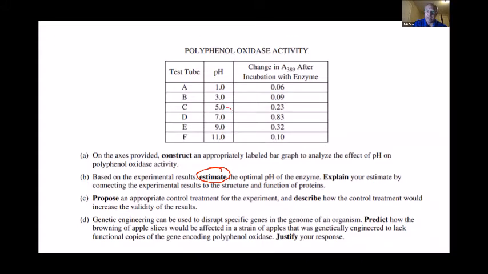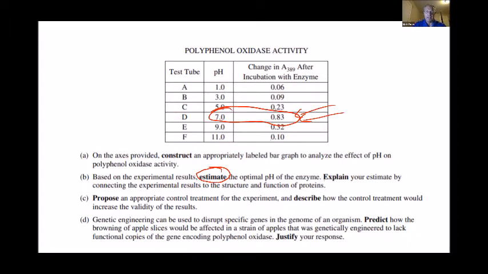And the reason it's 7 is because that's where the absorbance is the highest, which means that's where the tube becomes the brownest. That's where the most of the catechol has been converted into that benzoquinone chemical. It's the most effective. So the first thing you're going to say is that the optimal pH is around 7.